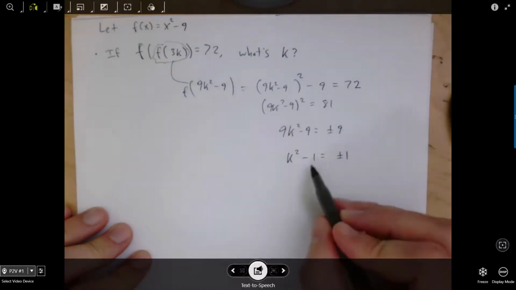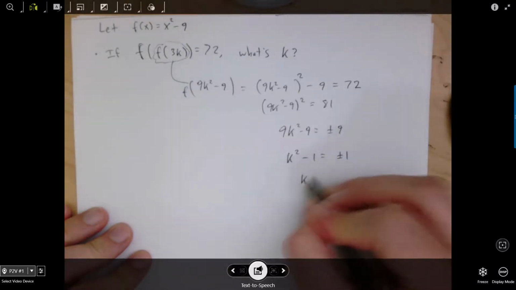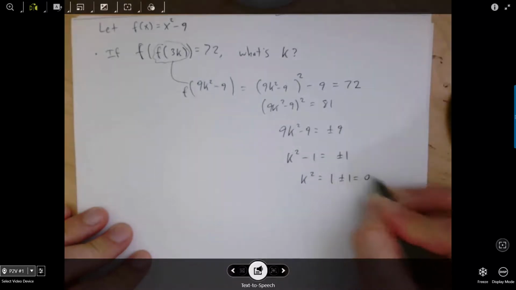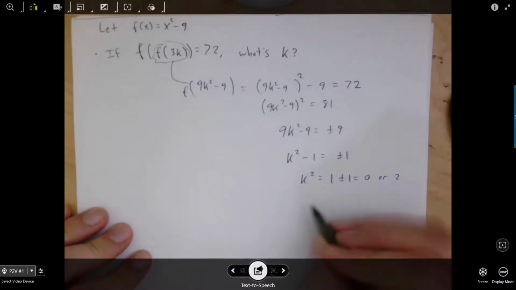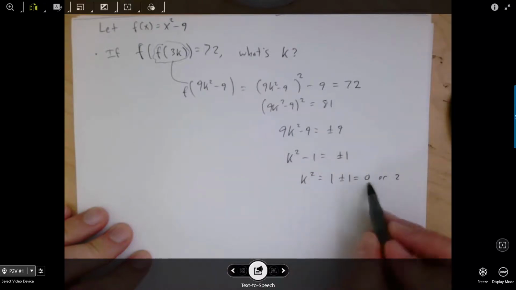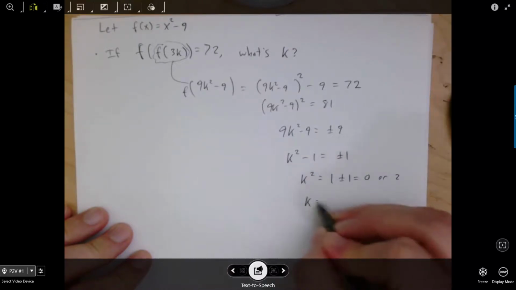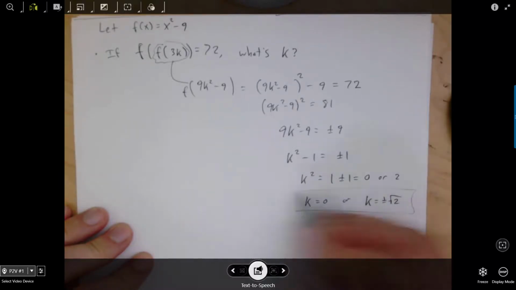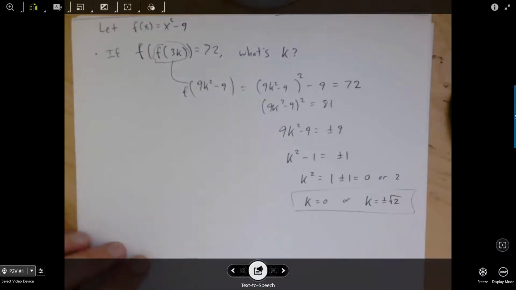And then last, let's add 1. So I've got k squared equals 1 plus or minus 1, which is the same thing as 0 or 2. So if k squared is 0 or k squared is 2, that means that k equals 0 or k equals plus or minus root 2. So there are 3 possible values for k that would all work.